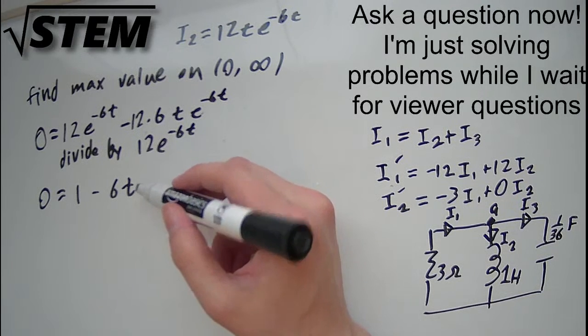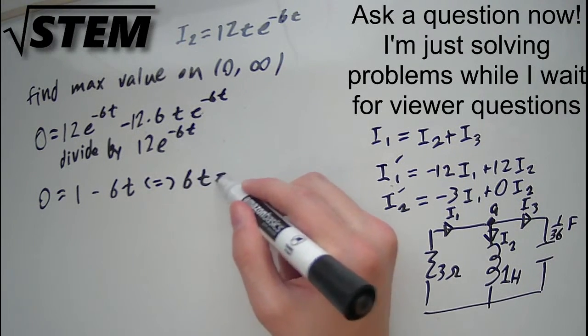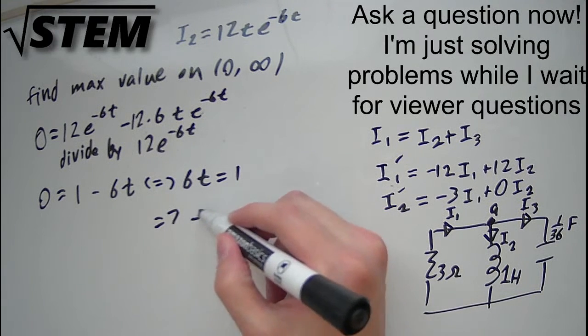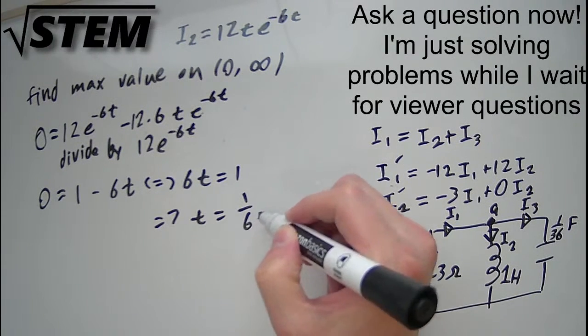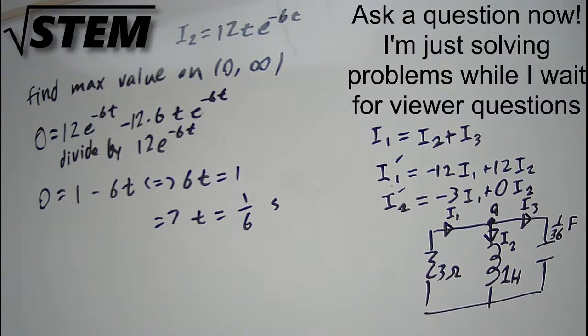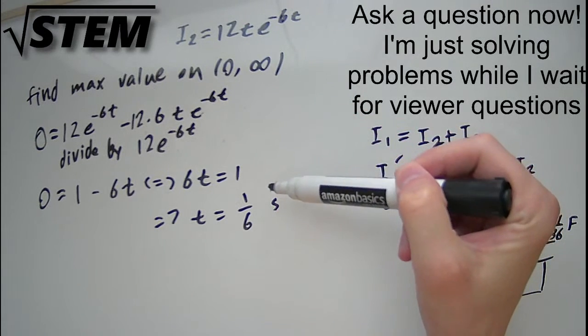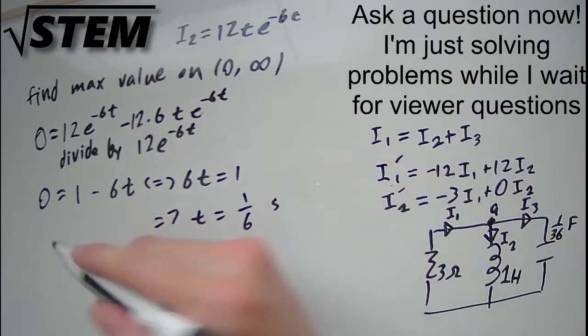And then that's the same as saying 6t is equal to 1. So t is equal to 1/6. Suppose this is all in SI units, so it reaches its maximum value at 1/6 of a second.